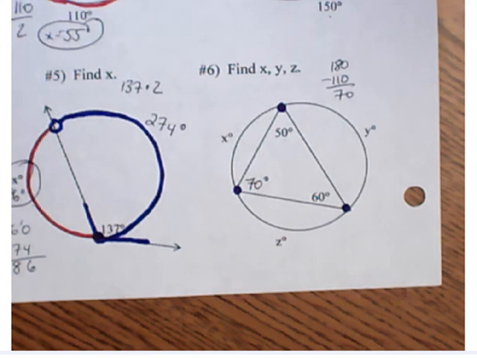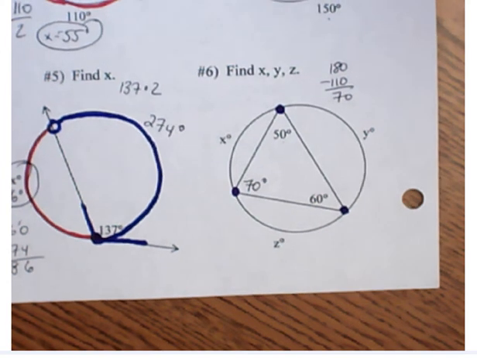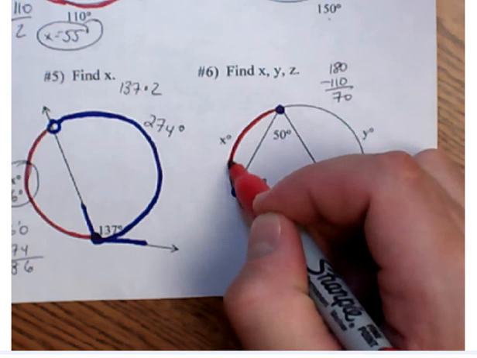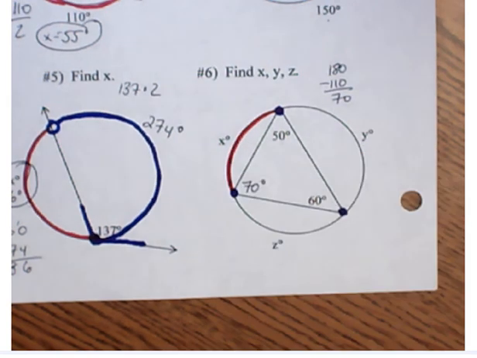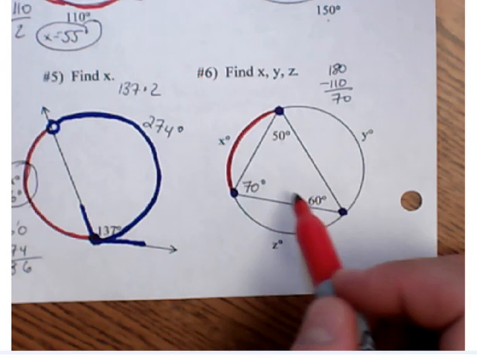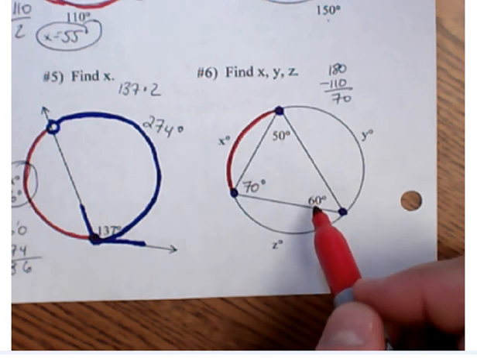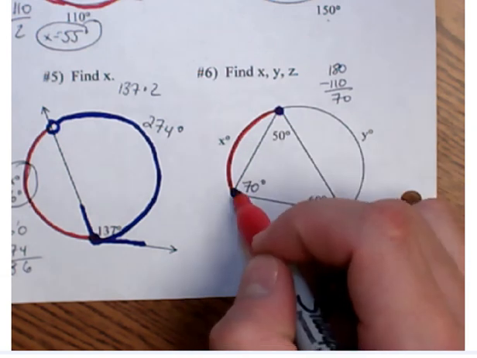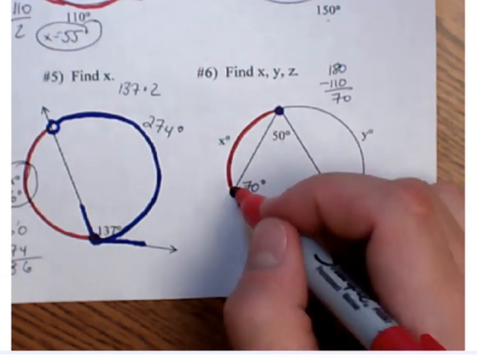Okay? Now, you have your choice of whether you want to find x, y, or z first. Let's say you want to find x. X is this arc. Well, you have three angles inside the circle. Which angle is intercepting this arc, x? So if you go from the endpoints of the arc, let's trace it back.